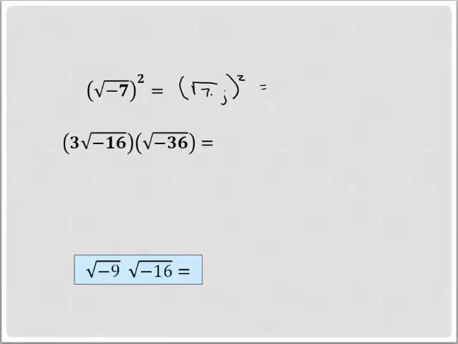The square root of 7 squared is the number itself. So we have 7. And then we have j squared. What do we just say j squared is equal to? Negative 1, right? So we have 7 times negative 1 is negative 7. So the simplification of this equation is negative 7.